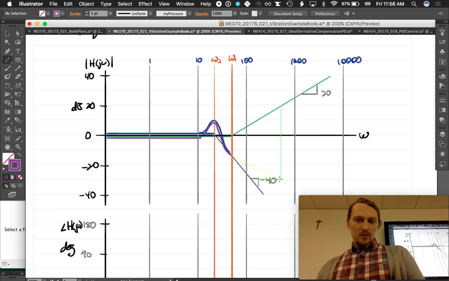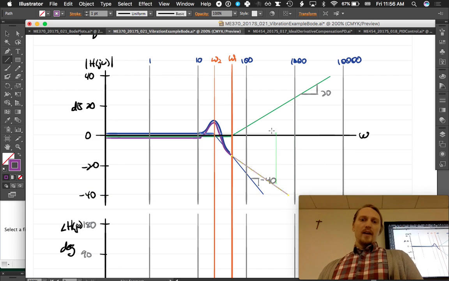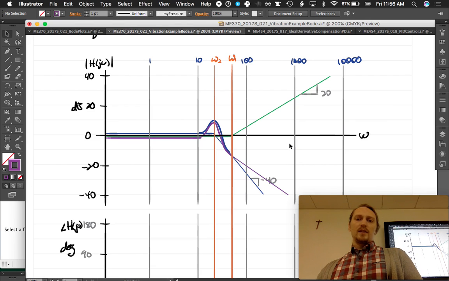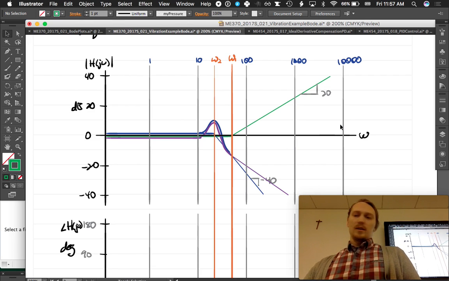So negative 20 dB is going to be like here. And that's about a decade. So yeah, something like that. So this is our slope, and this one has a slope of negative 20.